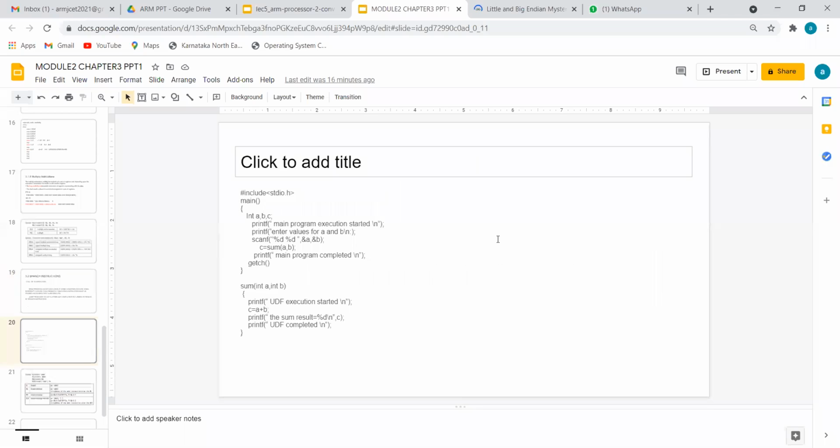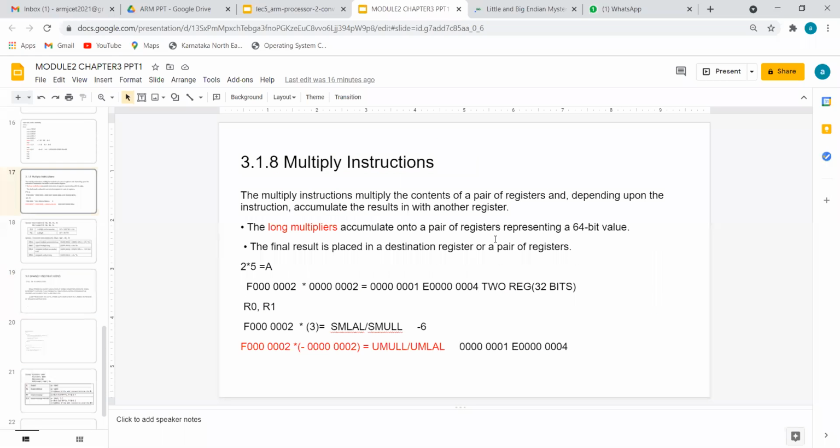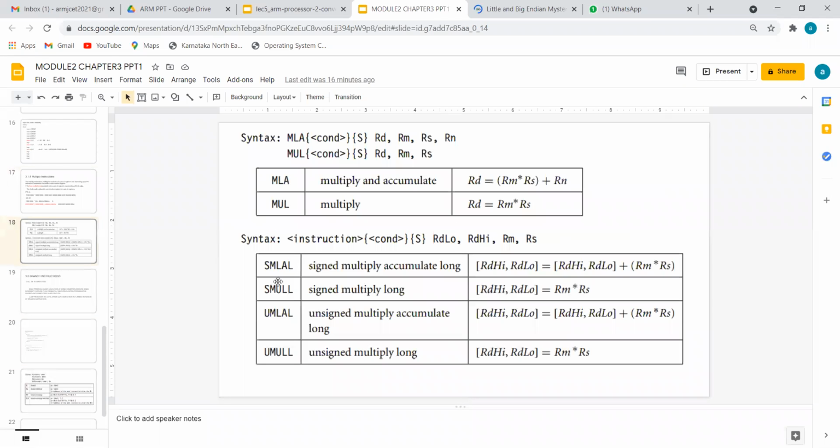We also started with multiplication of long. The suffix is always on the rightmost side, so L will be there. The leftmost letter decides whether it is signed or unsigned. The remaining three letters decide whether it is a normal multiplication or multiply with accumulation.